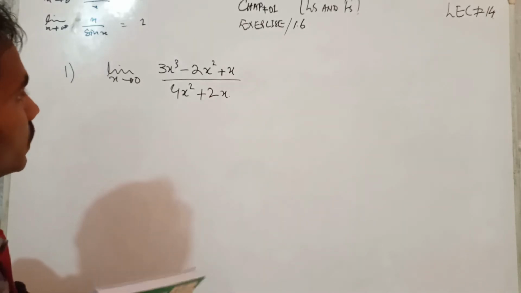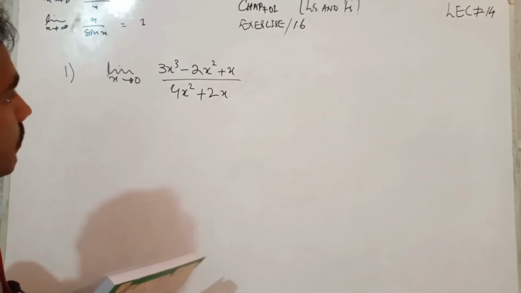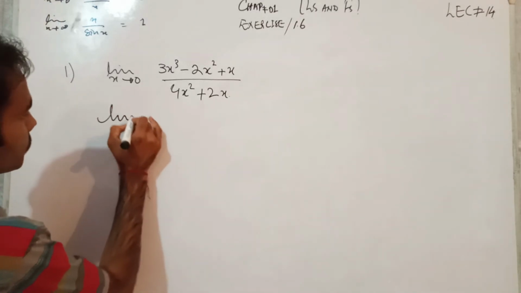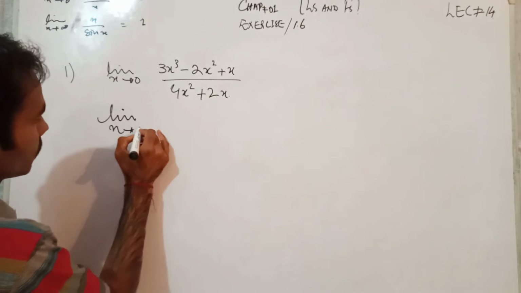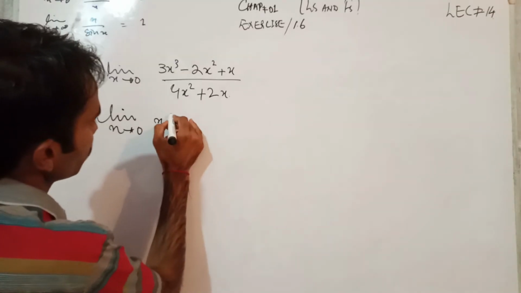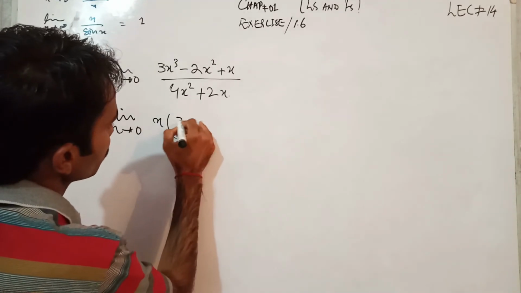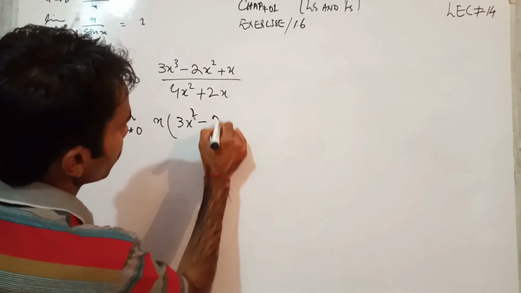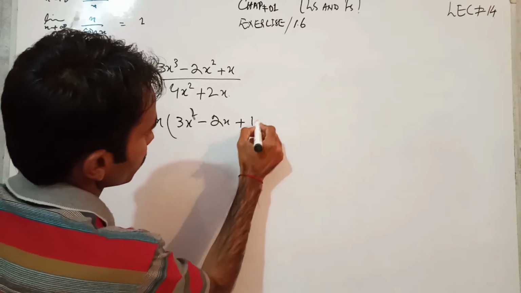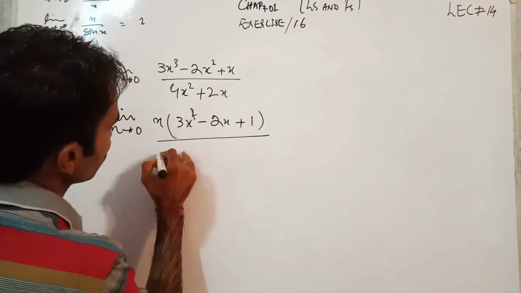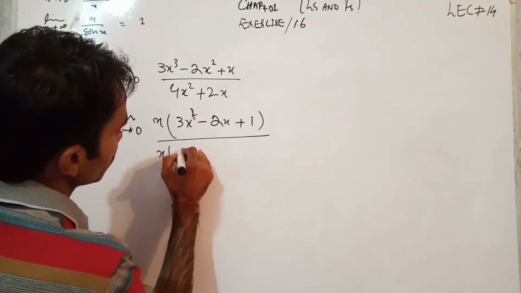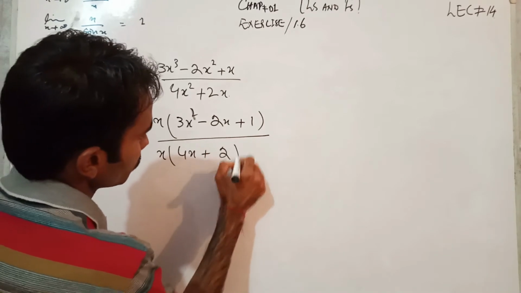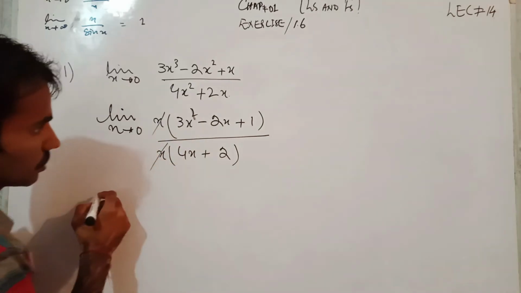It will be easy to get the common x. So x common, then it would be 3x square minus 2x plus 1, divided by, taking x common, 4x plus 2. So the x cancels out.